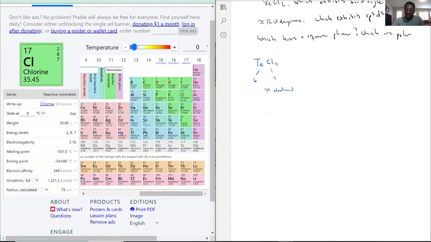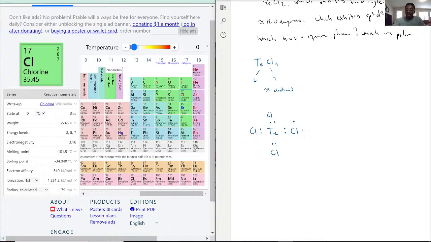Tellurium is in the middle. Give yourself enough space. The chlorine is going to be at each end. And tellurium, just letting you know right now, is going to be one of those that breaks the octet rule. But first, let's fill out the chlorines at the end.